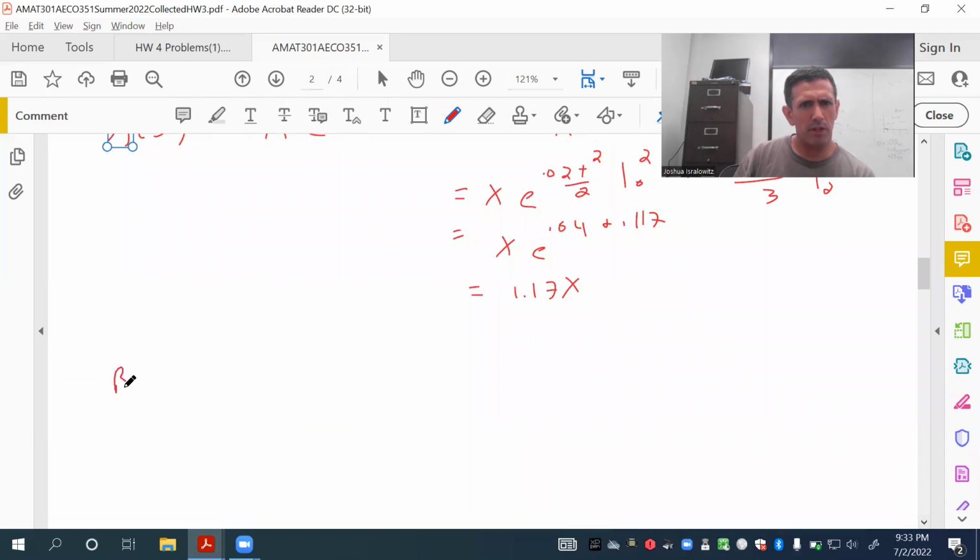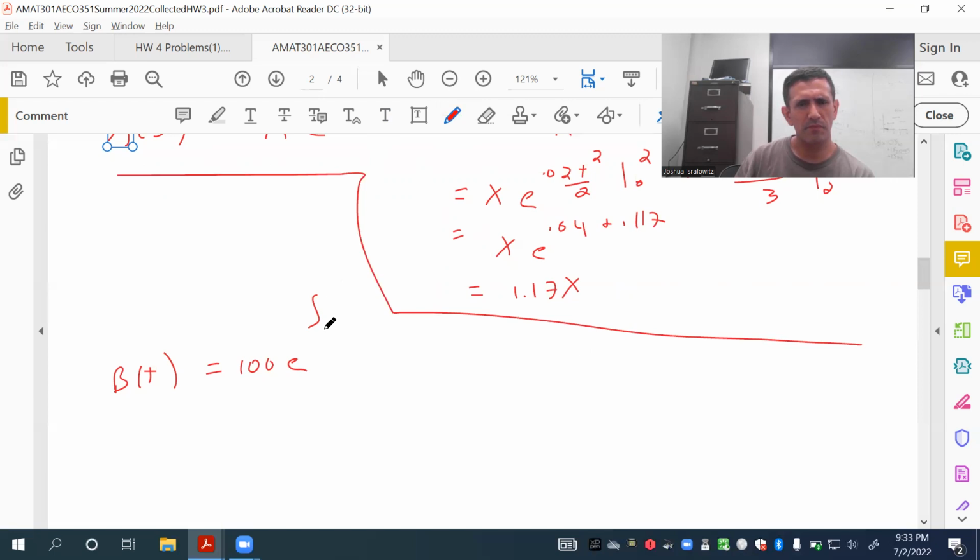Okay, so if B of T is the amount after 4 years from the 100 deposit, well, you deposit 100 at T equals 4, and we're going to T equals 5.